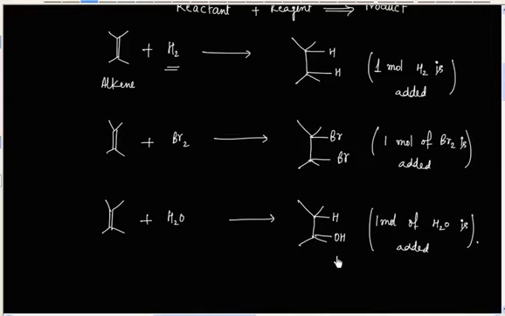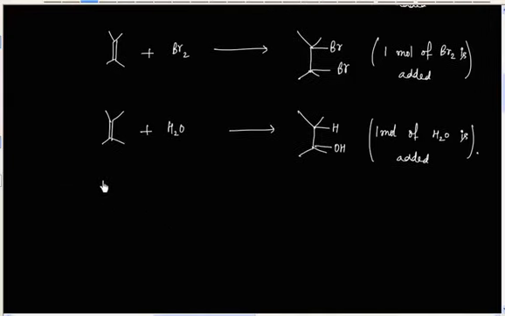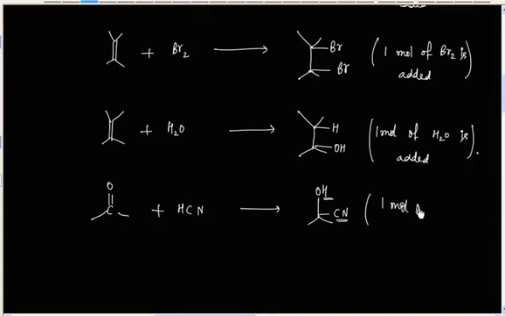So generally multiple bond, you can have C double bond O and you can have HCN. So we have added CN group and hydrogen plus, that is we have added 1 mole of HCN. So this is again an addition reaction.